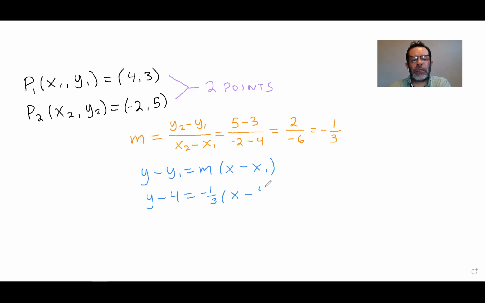I'm going to multiply this here: minus 1/3 of x plus, minus 4 times minus 1/3 is plus 4/3. Then I'm going to send this over here. It's going to be y equals minus 1/3 of x plus 4 divided by 3 plus 4.